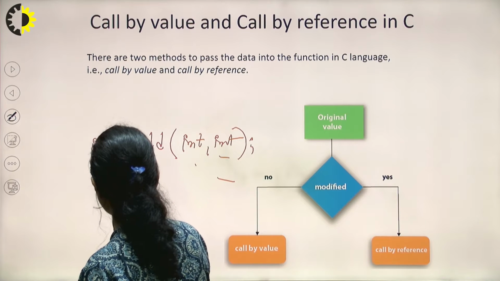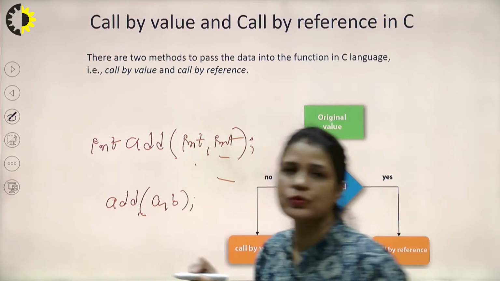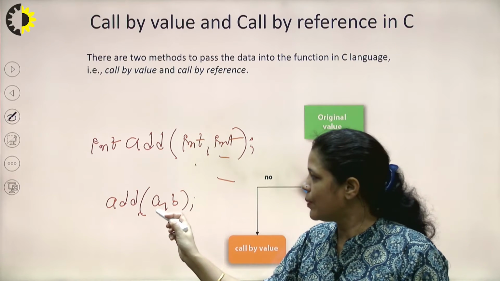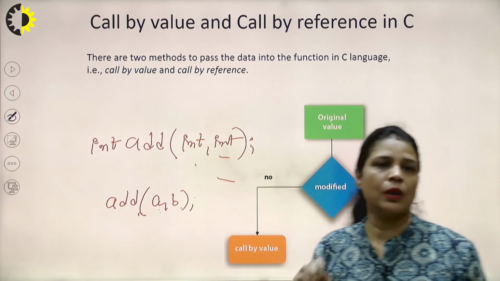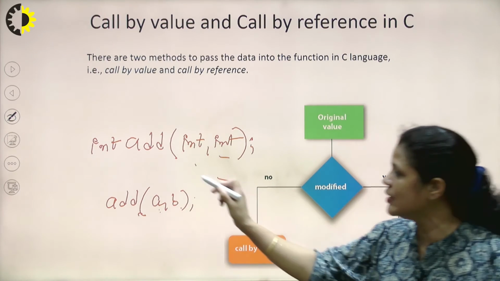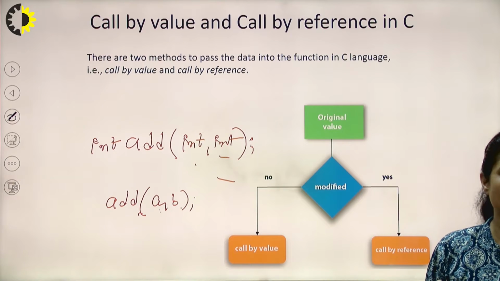At the time of calling a function, we will write some variable names. Let's suppose these are a and b. It means we are passing the value of a variable and the value of b variable at the time of calling.